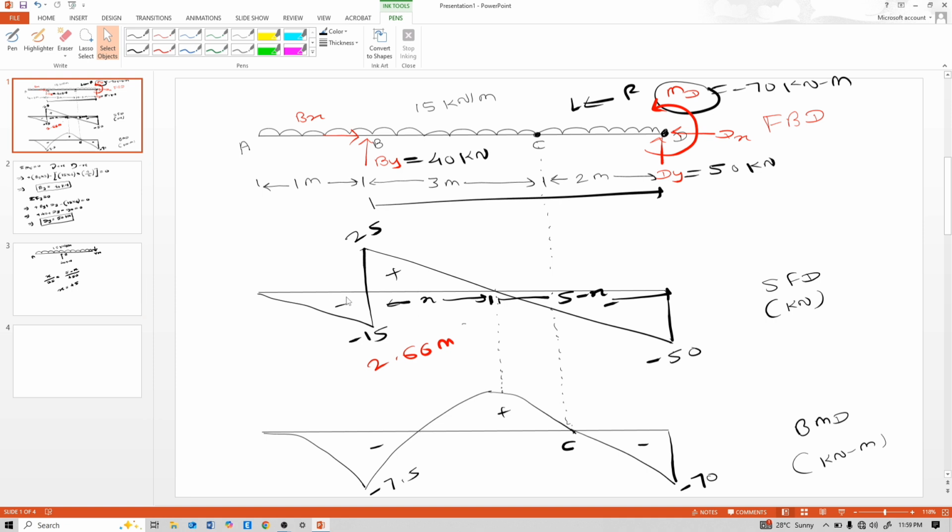At a distance 6 meter from point A, moment is maximum. So calculate for 6 meter distance, and up to here it is 1 meter. That means from B point x is 5 meter.